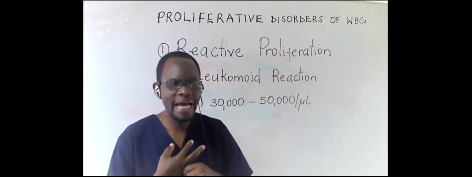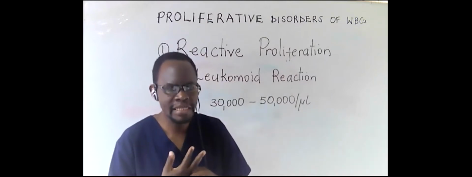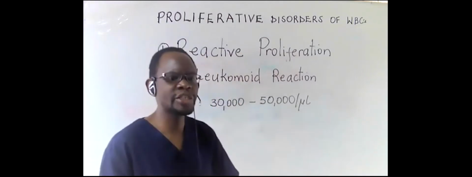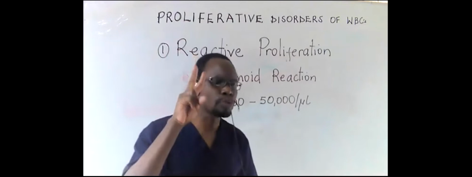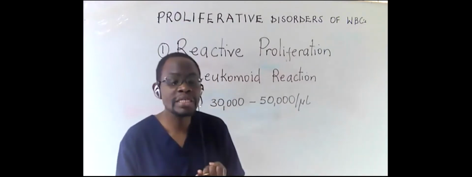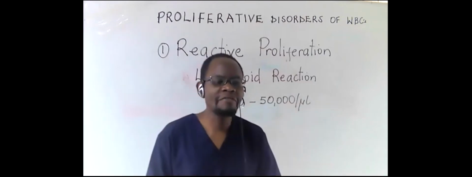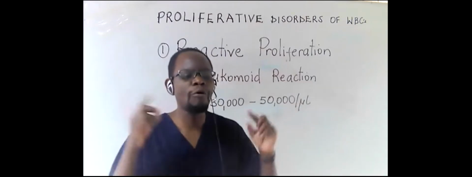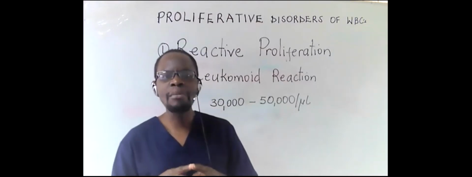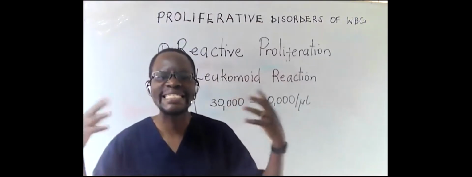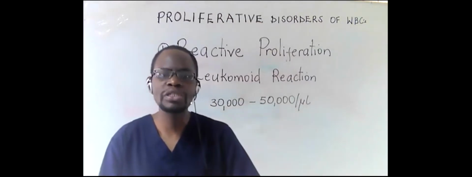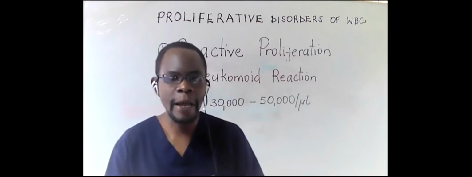Now, reactive proliferation is also divided into two. There's what we call a simple leukocytosis, whereby you have an increase in the number of white blood cells, but it doesn't usually exceed 20,000 per microliter.